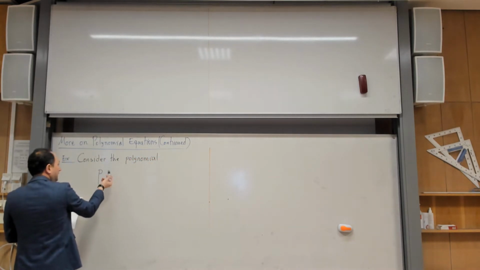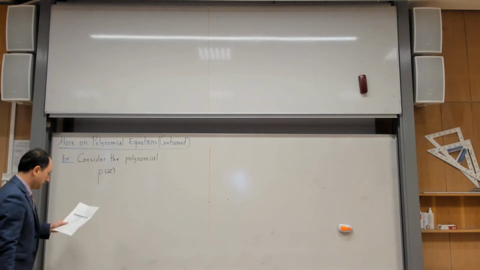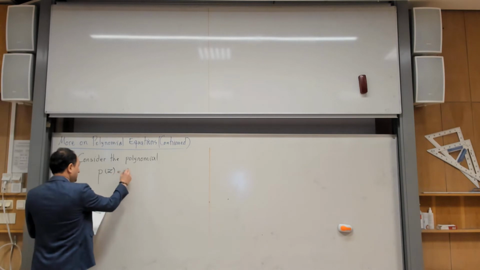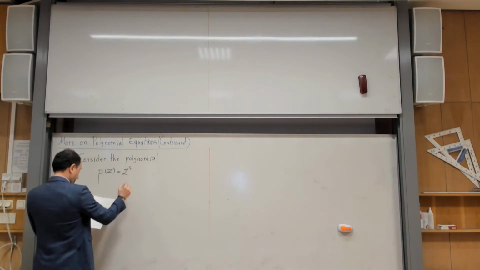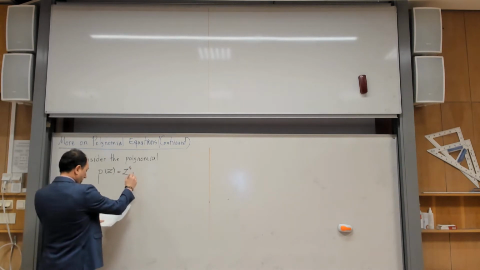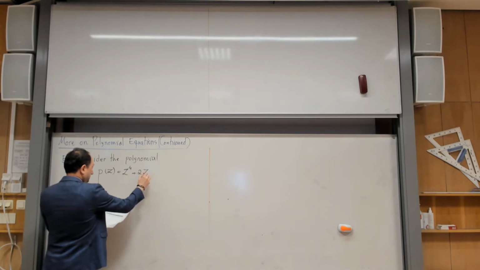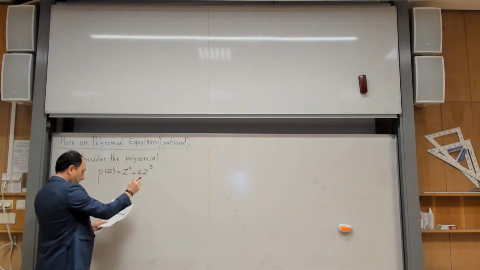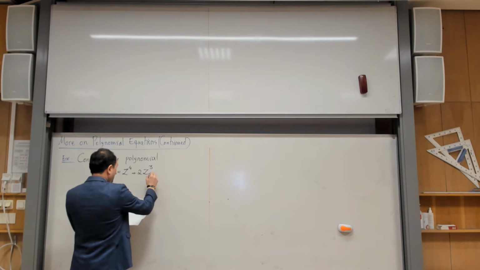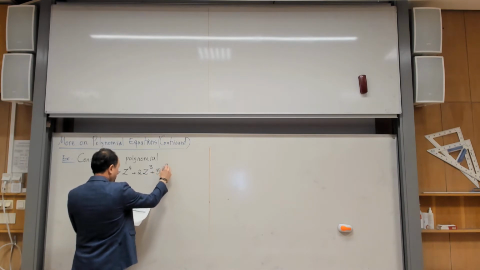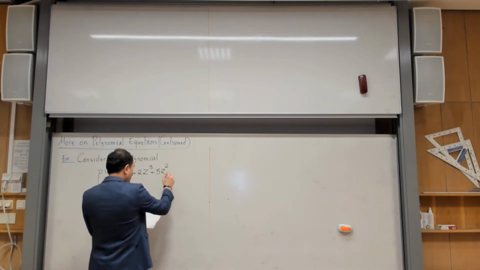Instead of p of x, because I am working in complex numbers, let me write p of z. P of z is equal to z to the 4 plus 2z cubed, plus 3z squared, and then plus 2z plus 2.